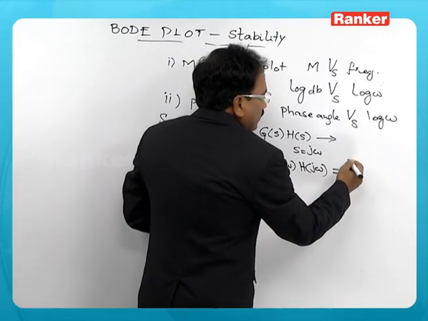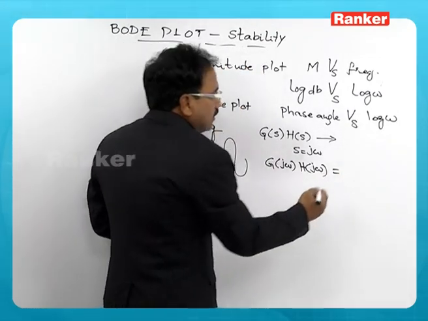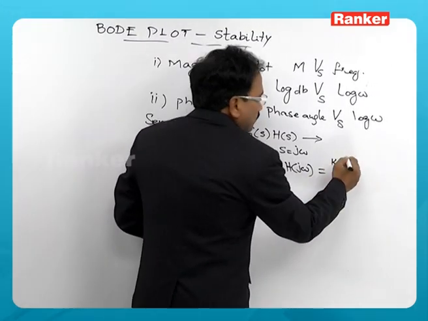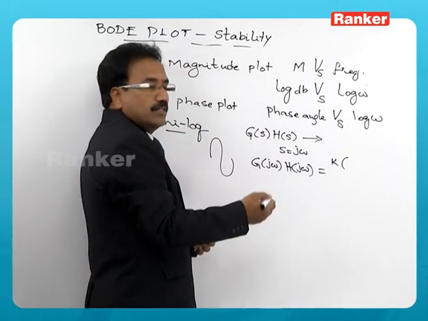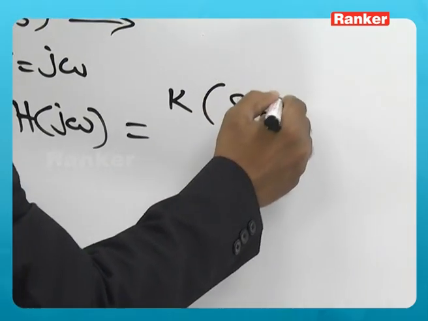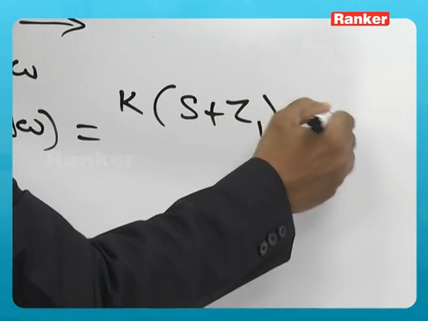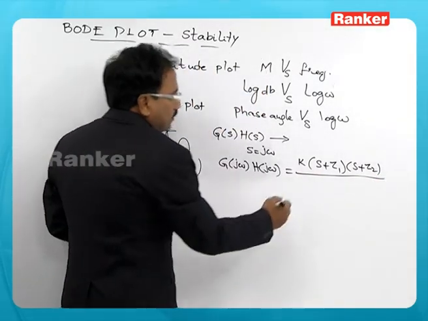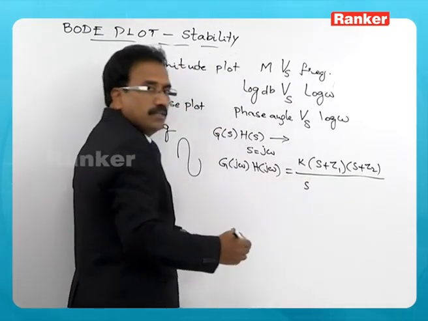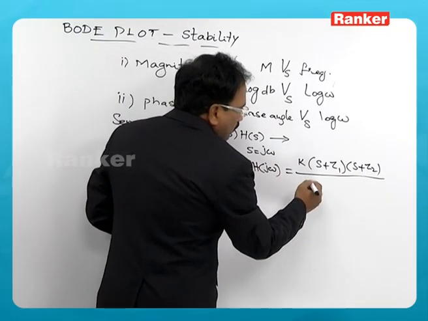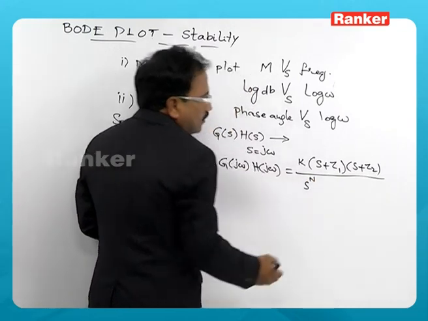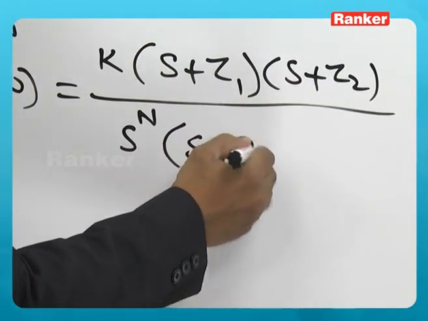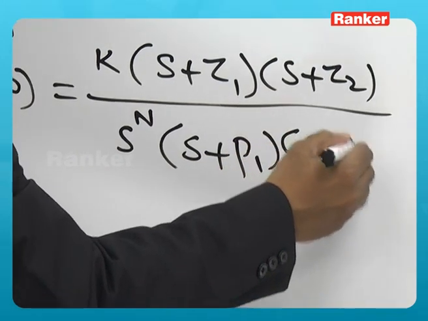Generally, the system is represented by gain constant into numerator terms, they are called zeros, and denominator terms, they are called poles, some poles at origin, then non-zero poles.